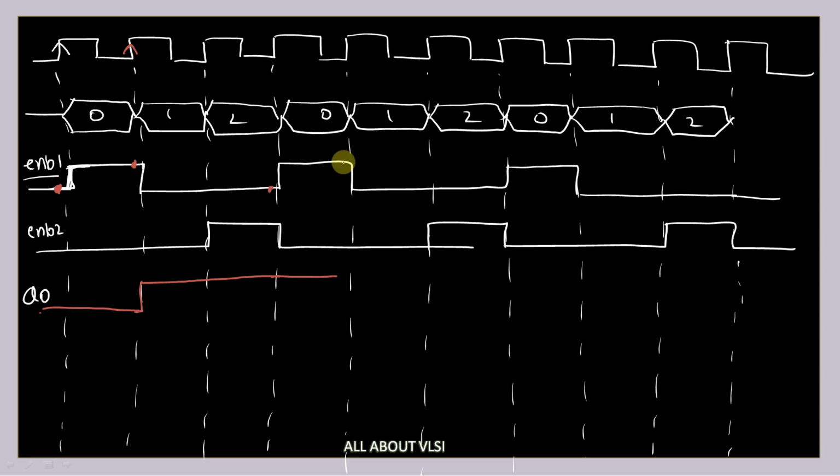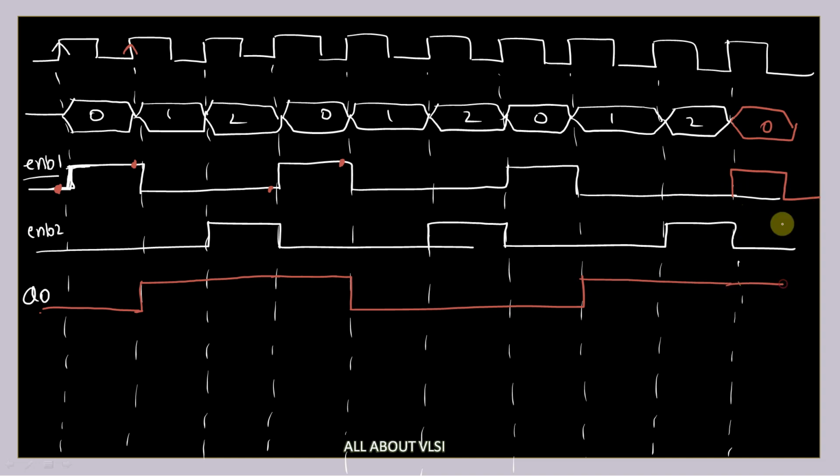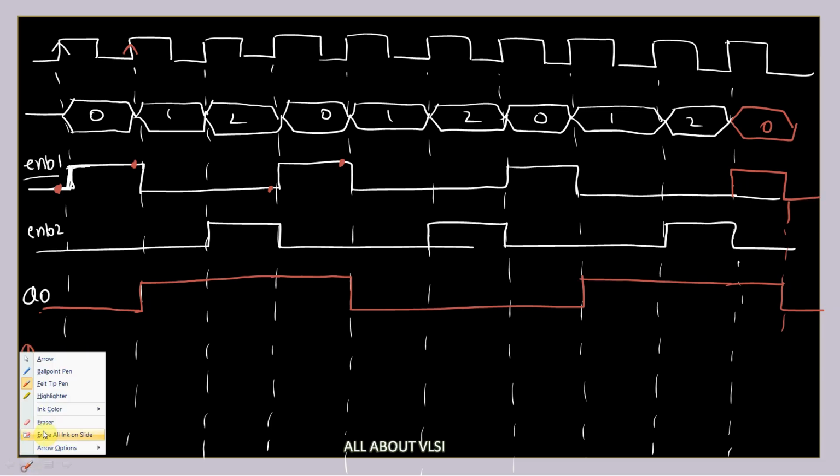Again here this value will be sampled, so your output will toggle like this, and again here it is going to become 1, and here it is equal to 0. Enable 1 signal will become 1 here, so at this edge it will become 0. So this is my Q0. Let me draw the Q1 also. How is Q1 going to look? Let us draw.